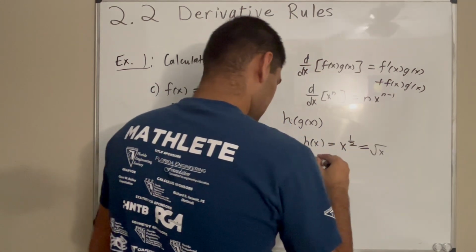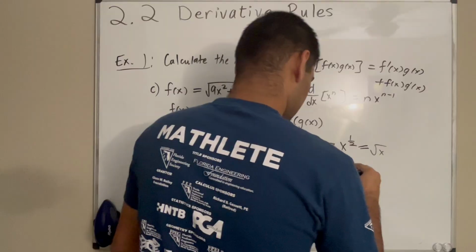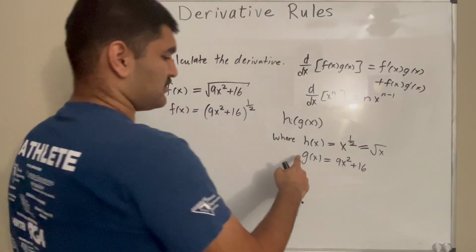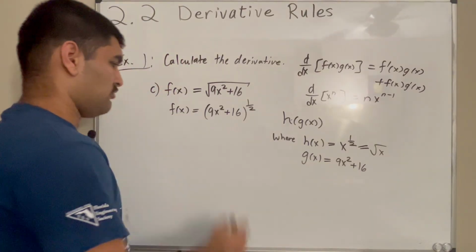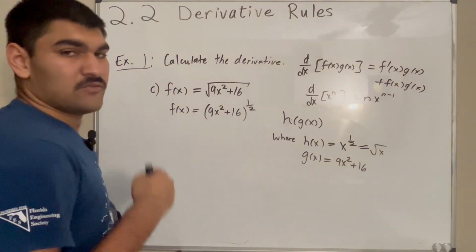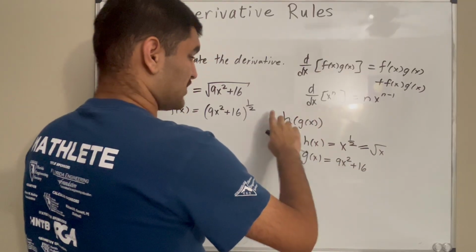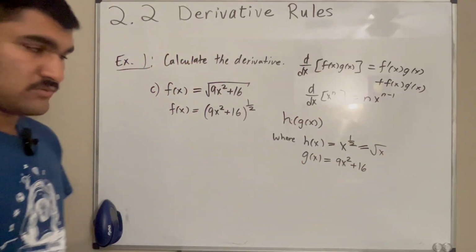And then g of x is 9x squared plus 16. Because now, if you take the composition of h and g, you get exactly this. And so the chain rule says that first ignore g of x and just differentiate h of x. So that's what we're going to do.